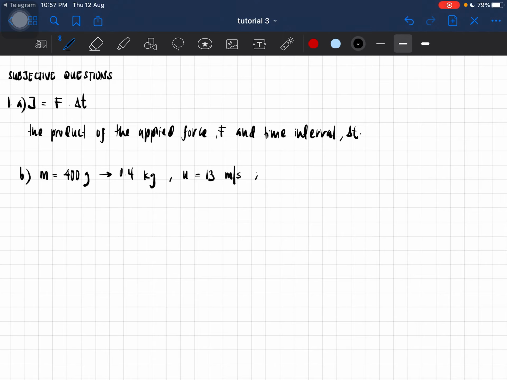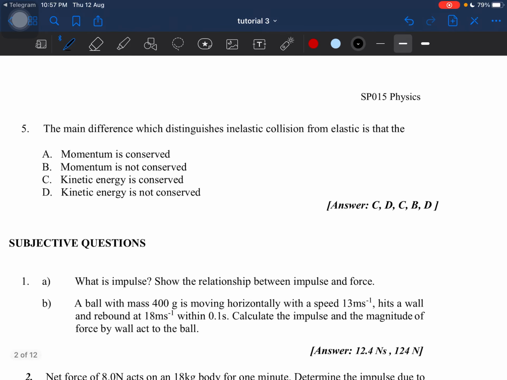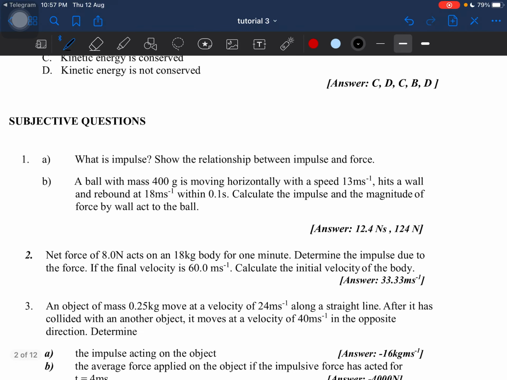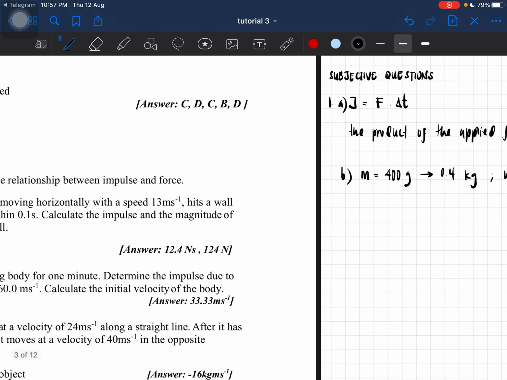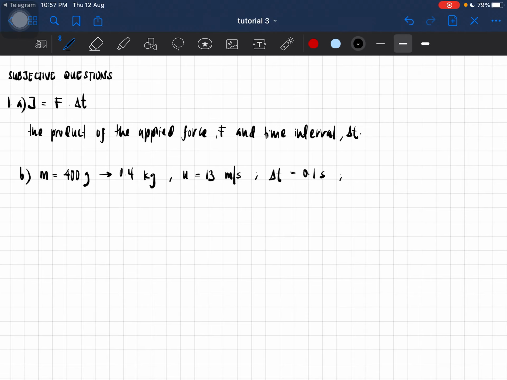And then you also have the time interval, which is 0.1 seconds. What else? Rebound. So the final velocity goes to 18 meter per second.